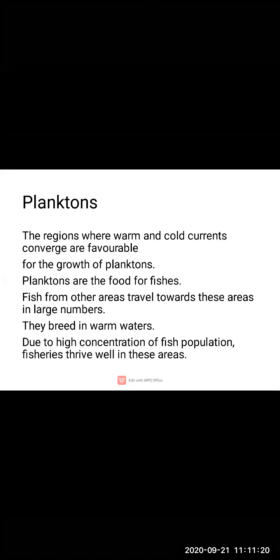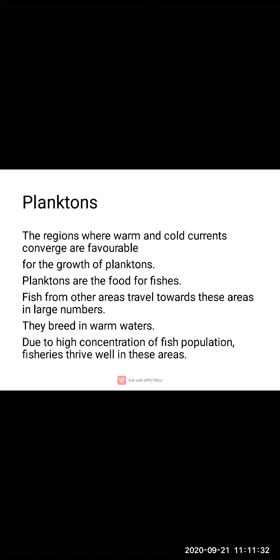So as fishes are found in more numbers in that region, fishing activity can be done there, and the occupation or industry of catching fish can be developed in that region, right? So in this way, more fishes can be obtained from this region where the planktons are formed, and fishes move there in order to obtain food.